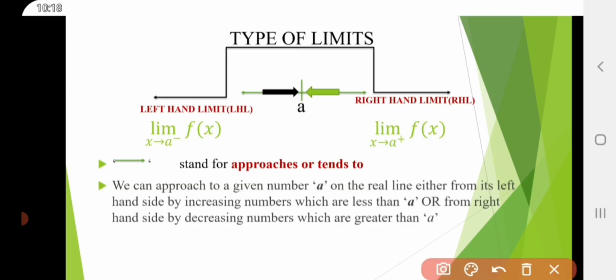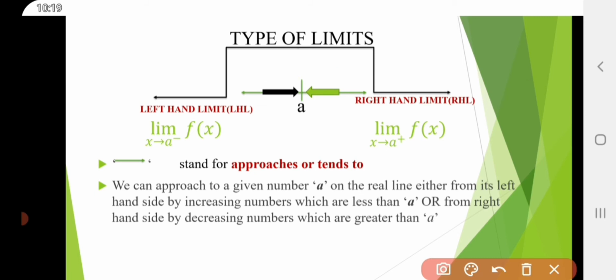Types of limits: left hand limit, right hand limit. When x approaches a from left hand side, it is called left hand limit. When x approaches a from right hand side, we say right hand limit.